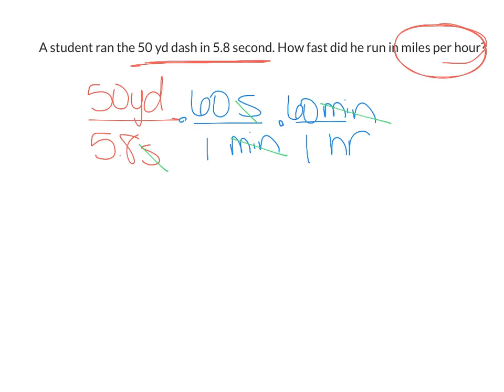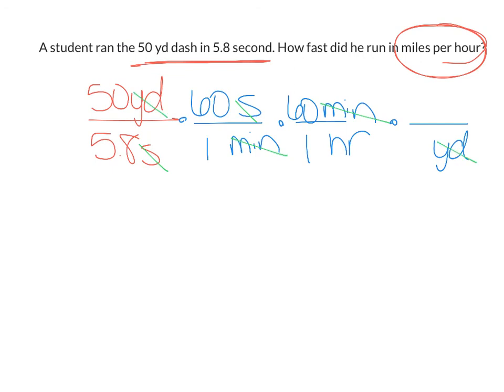And then we need to worry about going from yards to miles. That may not be something that you know off the top of your head, but we can at least fill in our units. If I'm trying to cancel out yards, this yards is in the numerator, so I'm going to have to put the yards in the denominator, because that yards will cancel out with this yards.